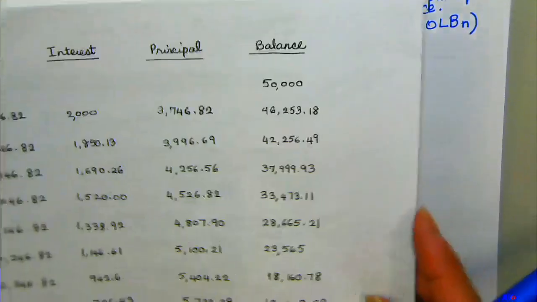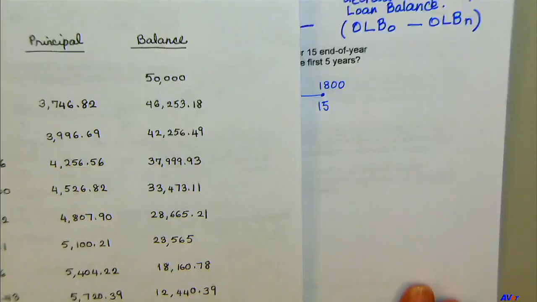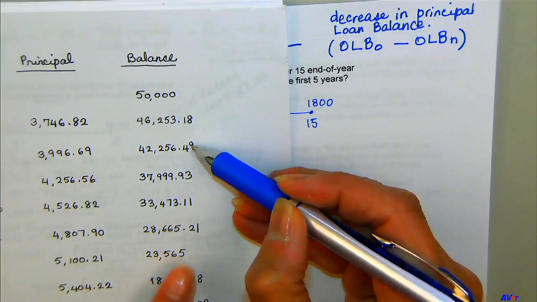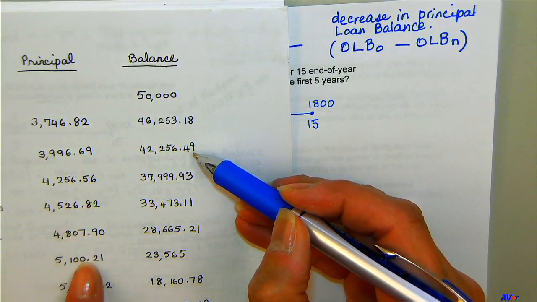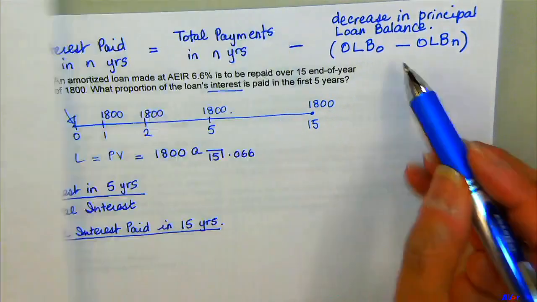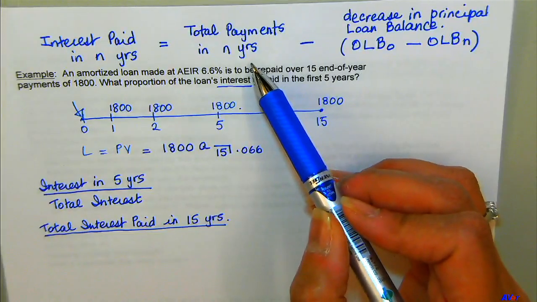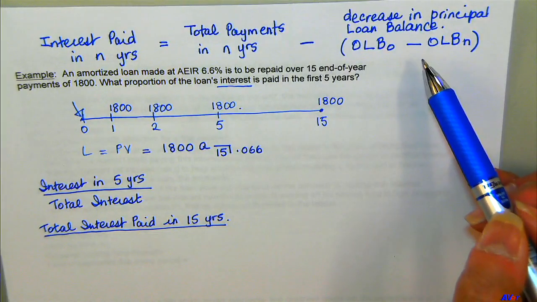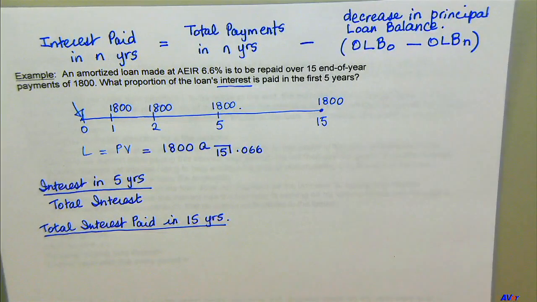Let's say the difference between here and here is equal to this plus this plus this plus this. I'm taking all the payments minus the principal payments. So the sum of the principal payments is the difference between the outstanding loan balances in those time frames. You follow me? Okay.